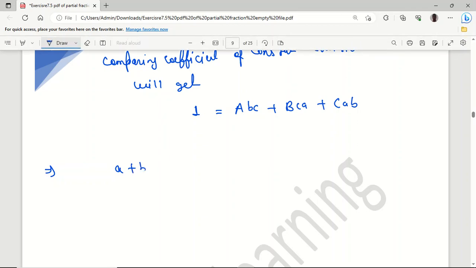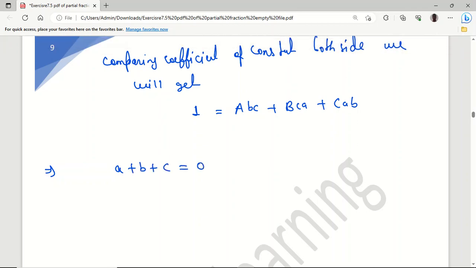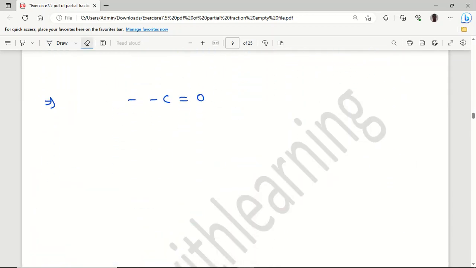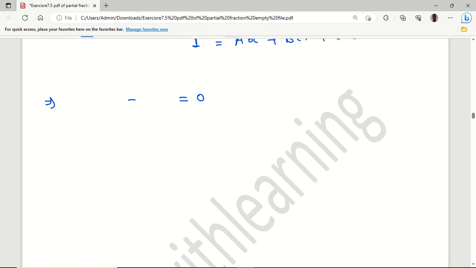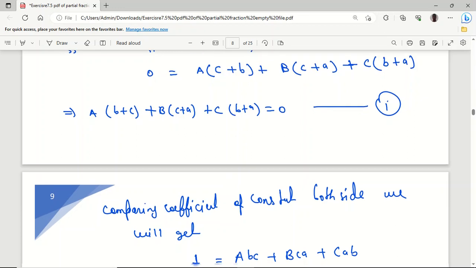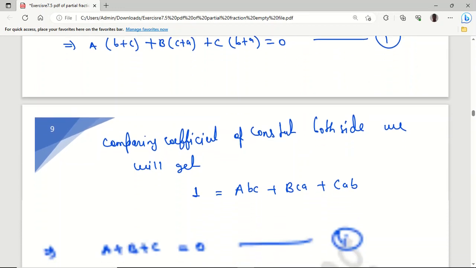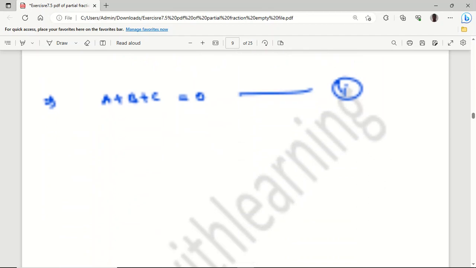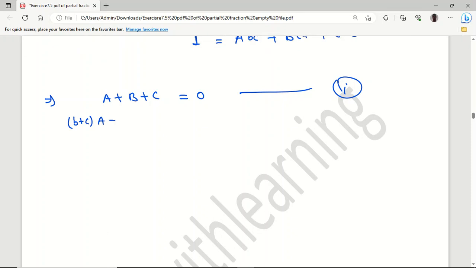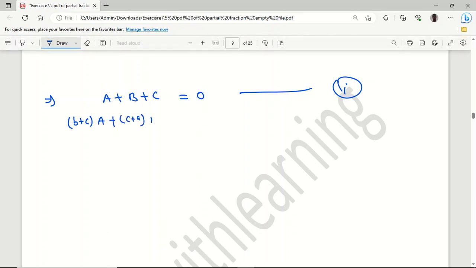They are A plus B plus C equal to 0. Capital A should be there because they are the constants. A plus B plus C equal to 0, equation 1. Number 2 equation we have A into (B plus C) plus B into (C plus A) plus C into (A plus B).